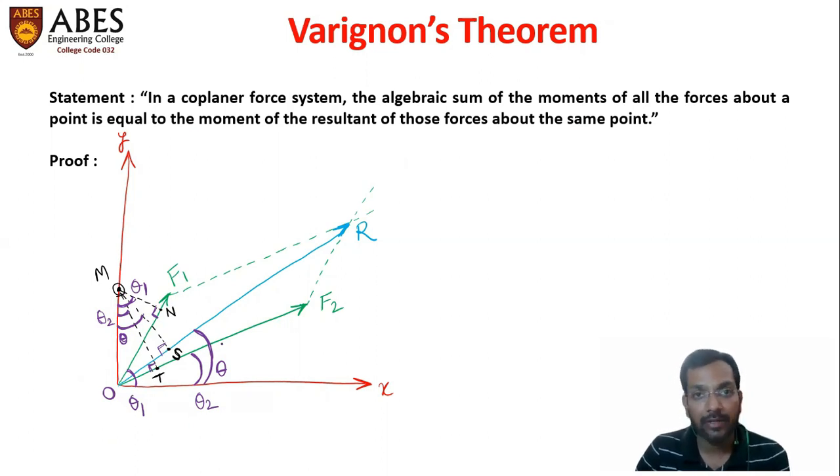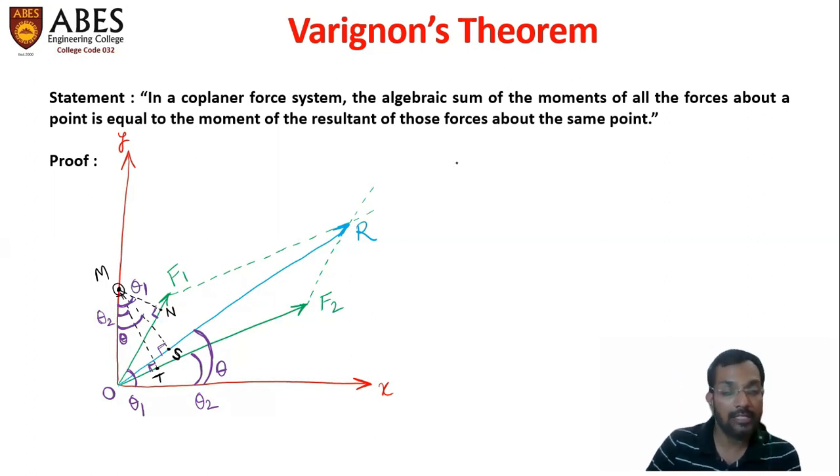Then algebraically, we will add these two moments and show that summation as M1 plus M2. And in the last, we will show that the summation of M1 and M2 is equal to R into the perpendicular distance of R from the point M. So let's proceed.